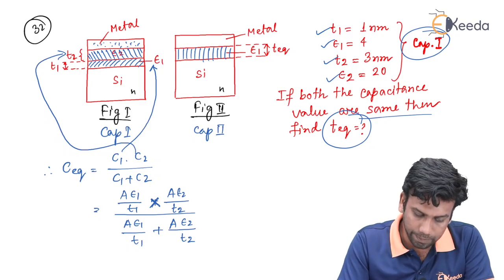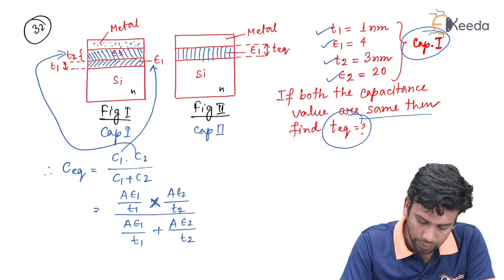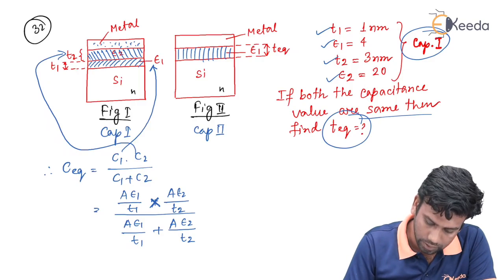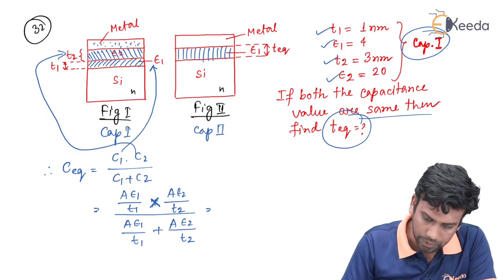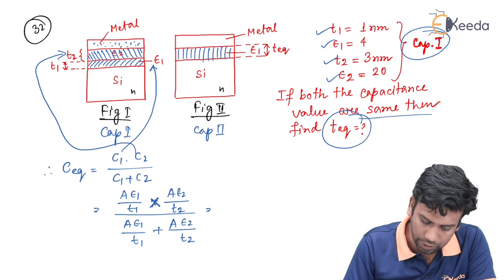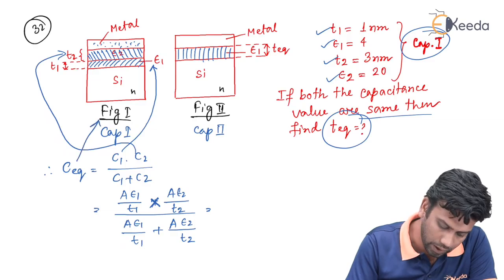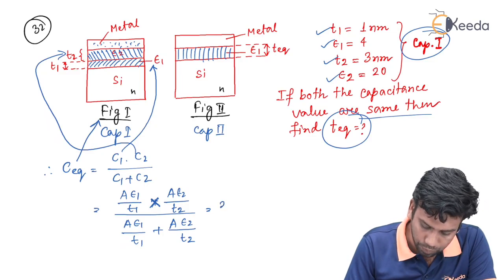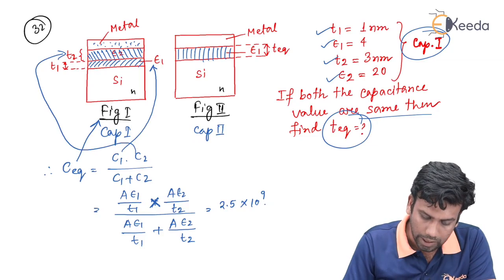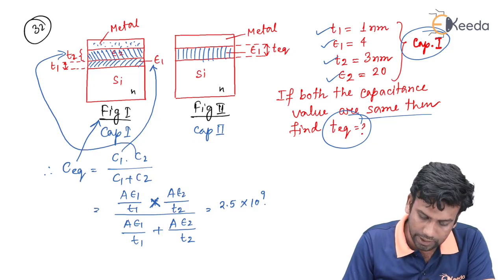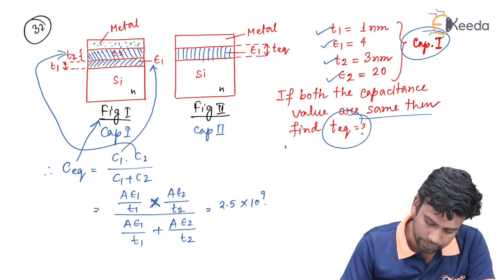Now if I put the values of every term, epsilon 1, epsilon 2, T1, T2, I can find the value of C equivalent for figure 1, and it will be 2.5 into 10 to the power 9 into A, so there will be an A value also.